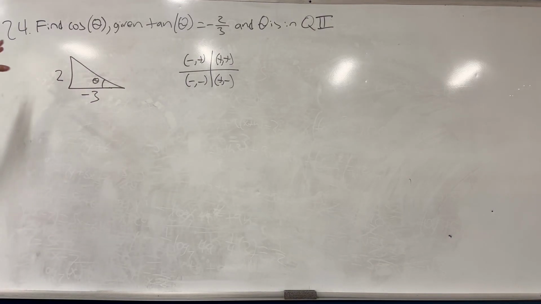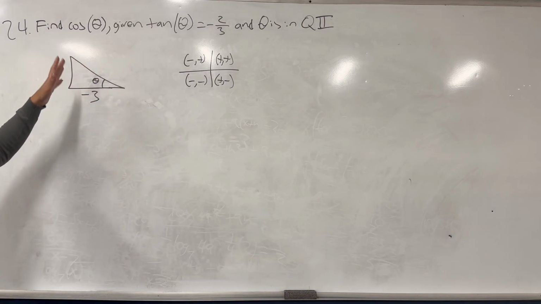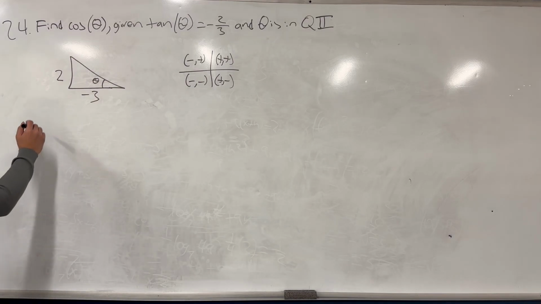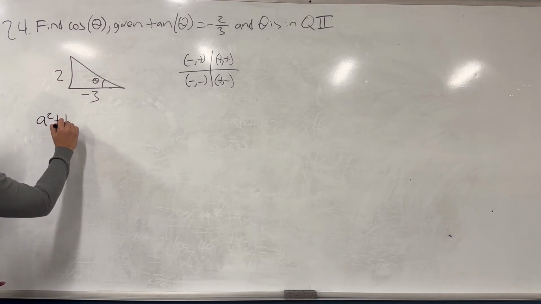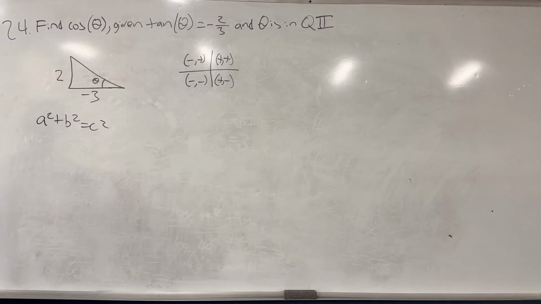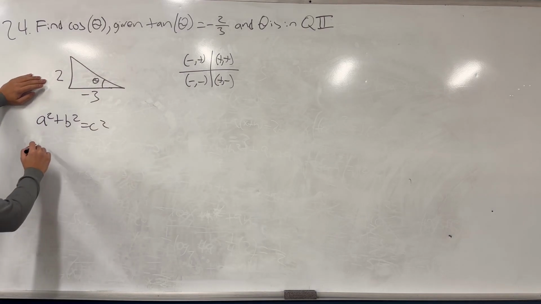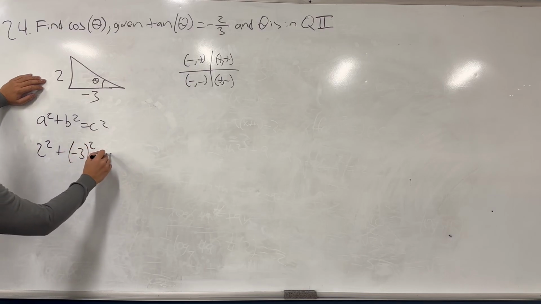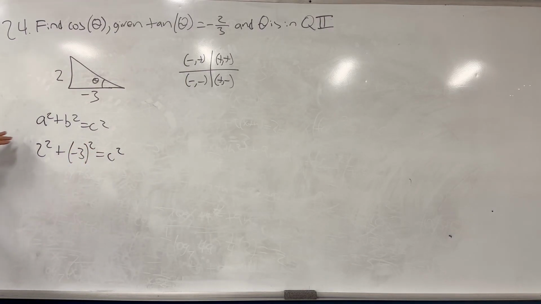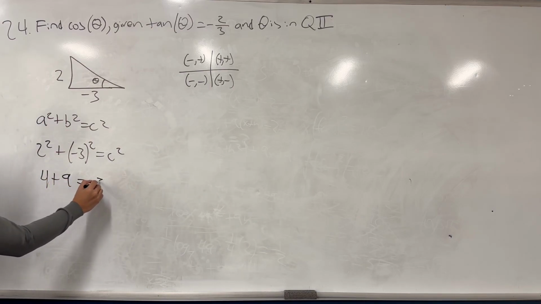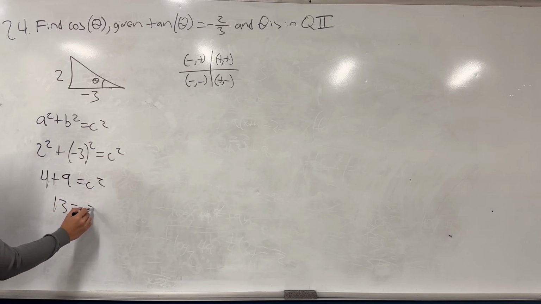Now we're asked to find cosine of theta, and we're missing the hypotenuse. How do we find that? Pythagorean theorem: a squared plus b squared equals c squared. So 2 squared plus negative 3 squared equals c squared. 2 squared is 4, negative 3 squared is 9, so 13 equals c squared.